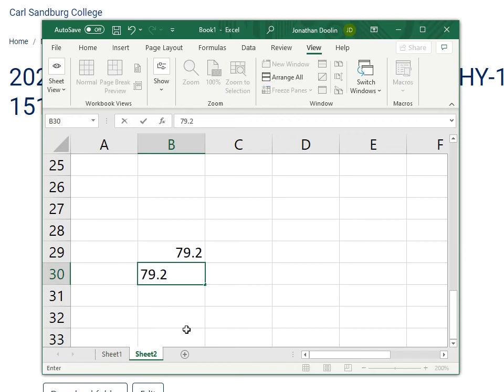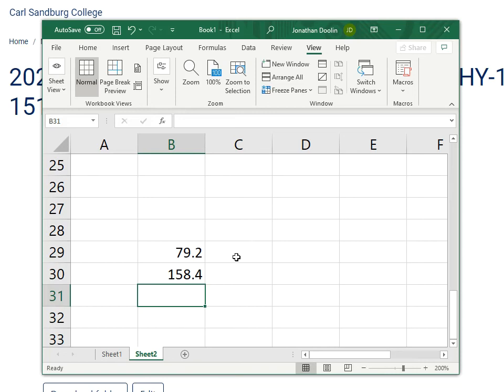Okay, 79.2 times 2. So you'd be going 158.4 kilometers per minute after 2 minutes.